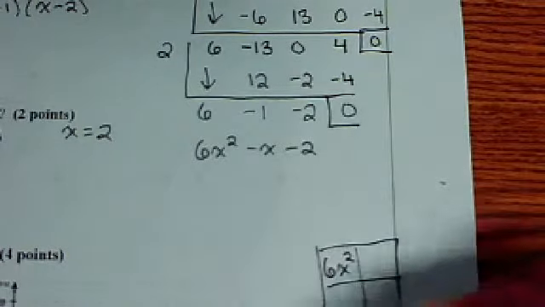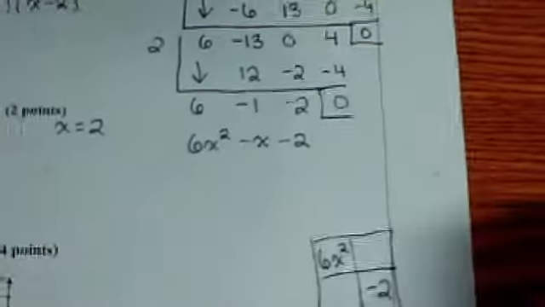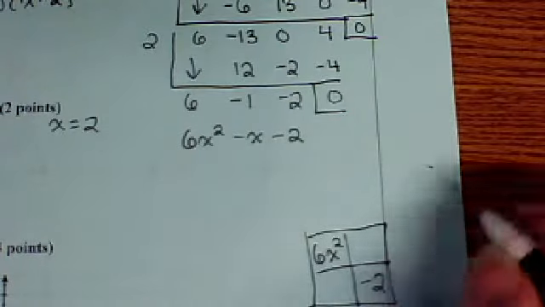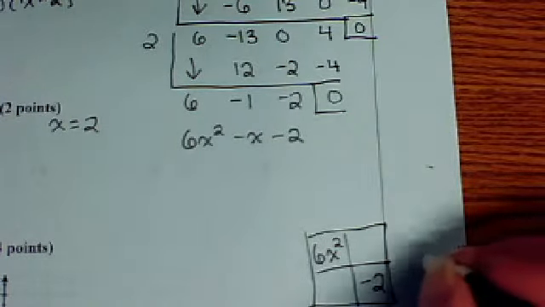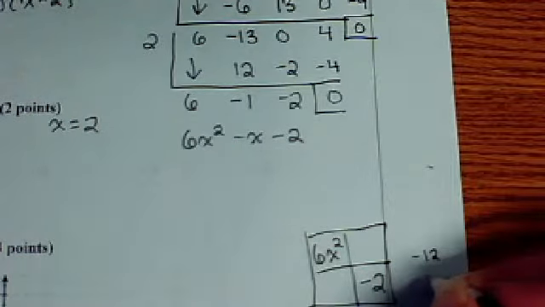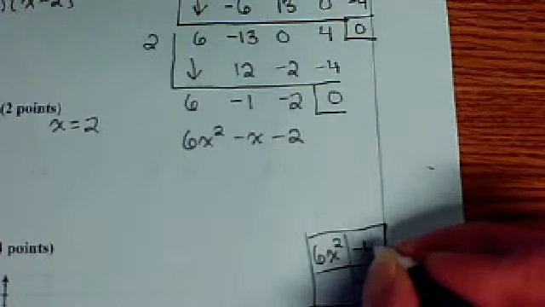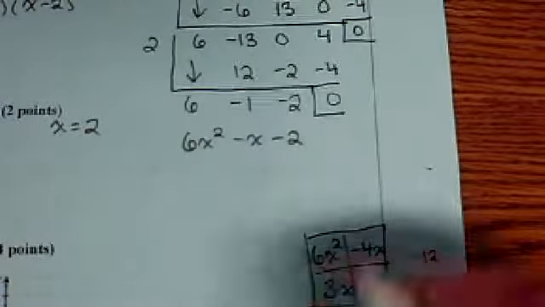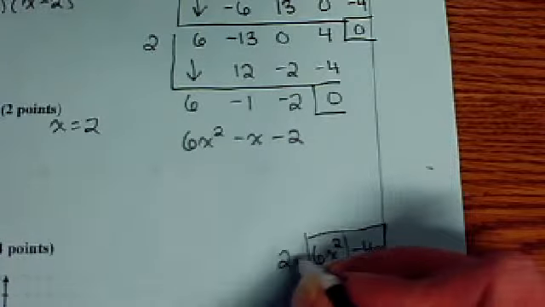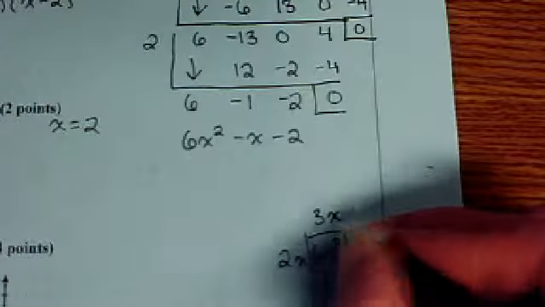6x squared, negative 2. These two things are going to multiply to be the same as that. So multiply to be negative 12 and add to be negative 1. It means I've got a negative 4x and a 3x. I would have a 2x out here, a 3x.